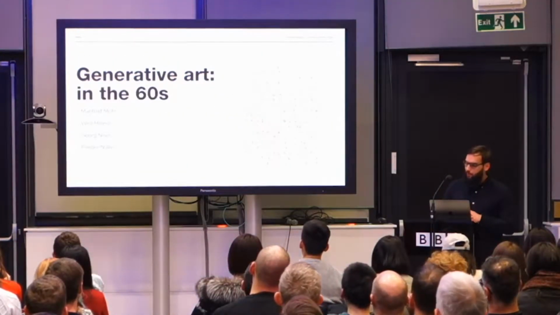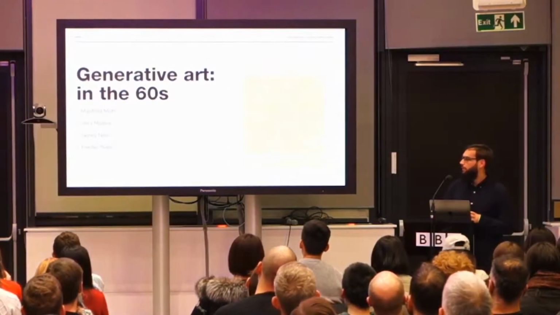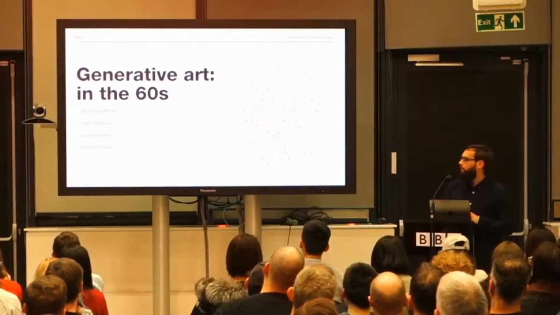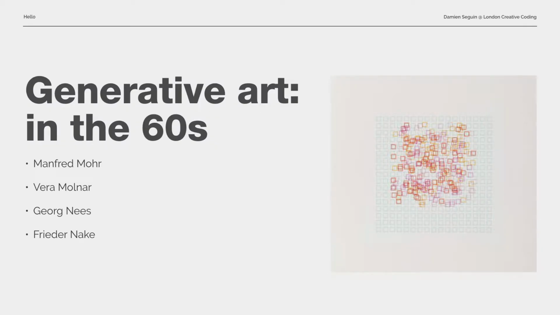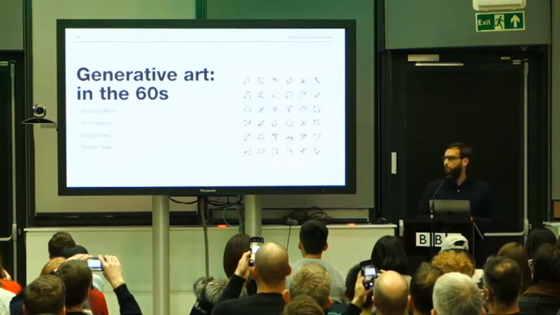I'm quite fascinated by these people in the 60s that were already doing that: Manfred Mohr, Vera Molnar, Georg Nees, Frieder Nake. If you Google them, you get plenty of good inspiration.